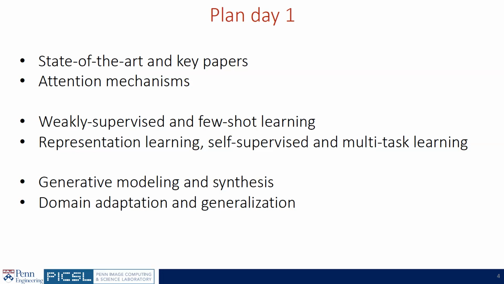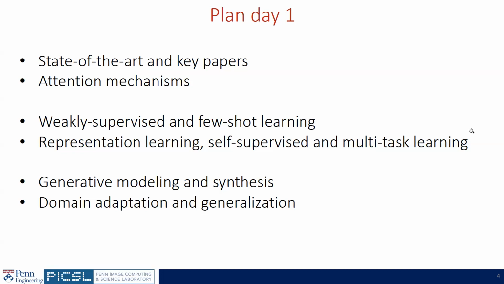After that we'll try to understand how to improve these networks: weakly supervised and self-supervised learning, and in particular what representation learning means. Then I'll say a few things about generative modeling and image synthesis that is used for domain adaptation and generalization.